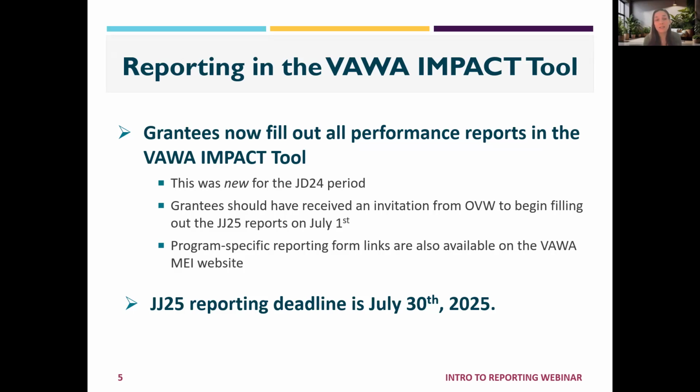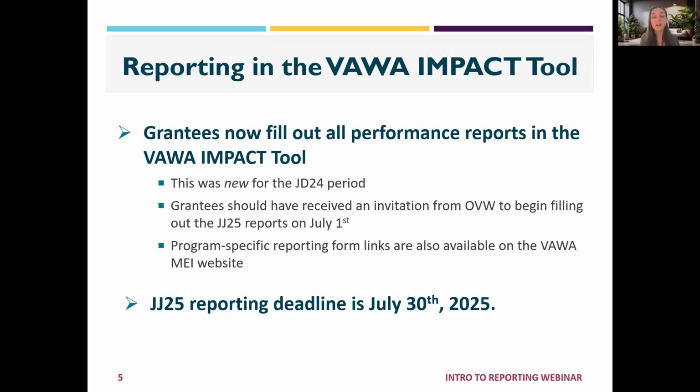If your agency doesn't receive that email from OVW, or you're not sure if the contact information OVW has is current, you can access the blank reporting form links to the impact tool by going to the VAWA MEI website, vawamei.org, going to the program page and looking for the form link from there.